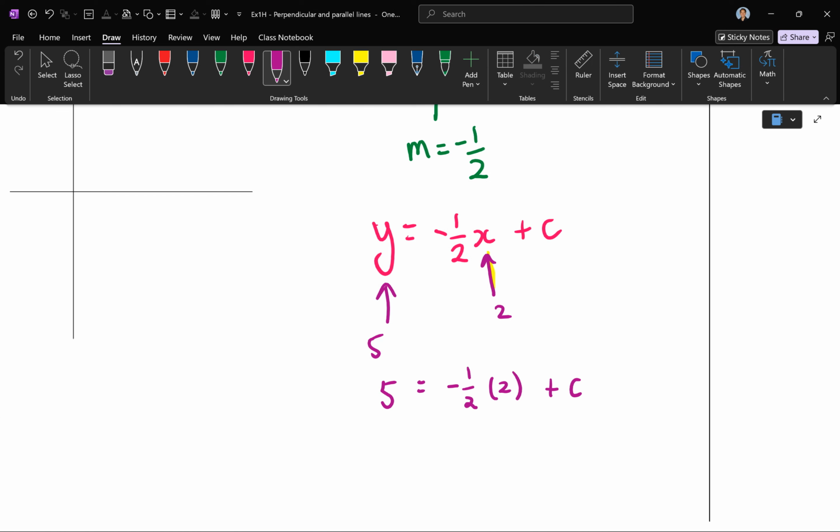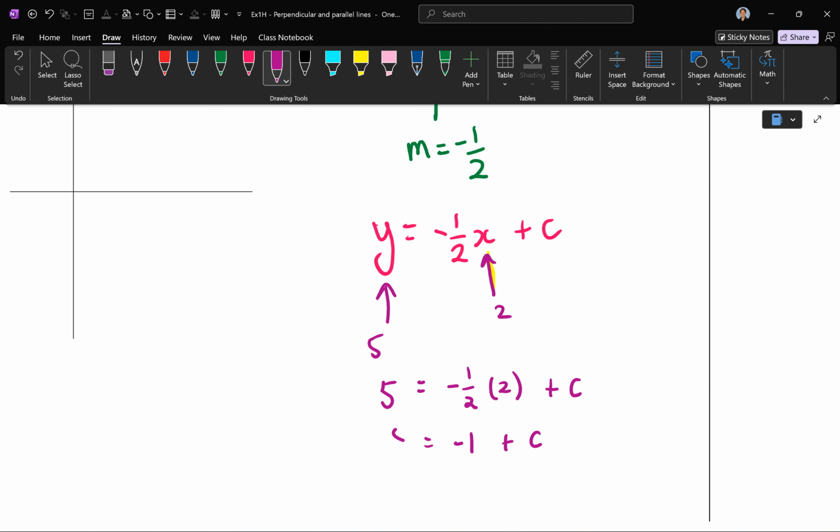At Year 11 level, obviously, it's not always going to work out nicely. That -half of 2 gives you a nice whole number. You can get fractions, and that's why you need to be good with fractions too. Sometimes it could be surds, it could be fractions. You've got to learn to rearrange it to get c. So here, -half times 2, we know that's -1.